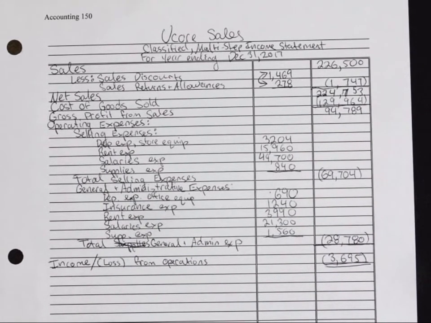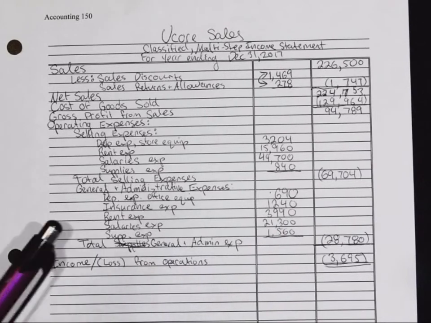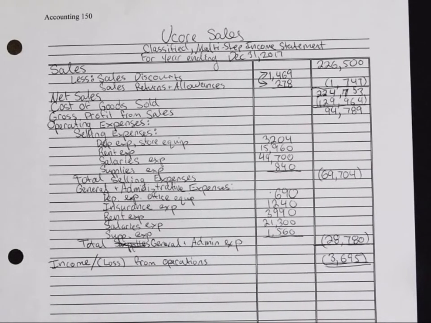Now, who would be the users of a classified multi-step income statement? The users would be management or ownership, because this gives a lot of detail. They can say, hey, our administration budget is bloated, or we're spending too much here, or we're not putting enough resources into sales, however they want to look at it.